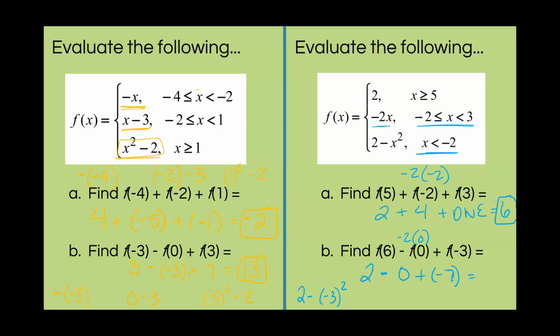So we're going to say 2 minus 0 plus -7, and my answer is -5. So if you didn't get -5, go back and see if you used the parentheses or not, okay? So basically when I use a negative, I always put a negative in parentheses, okay? Because it can mess some stuff up. All right, so I hope you got those two right.